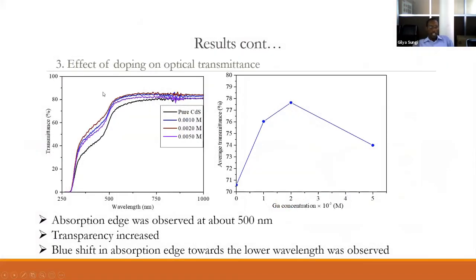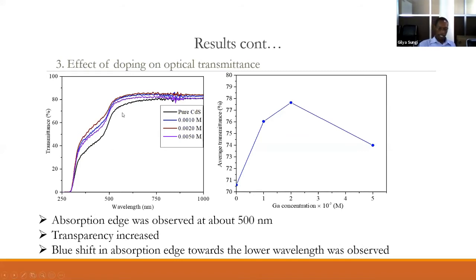We also used the UV-Vis Lambda 19. These were the absorption edges for the films prepared by varying gallium concentration. The absorption edge was at about 500 nanometers, which corresponds to the band gap of cadmium sulfide.